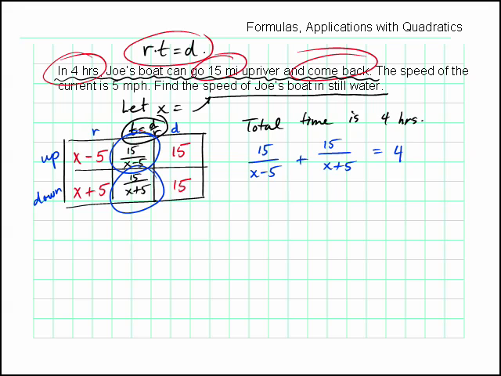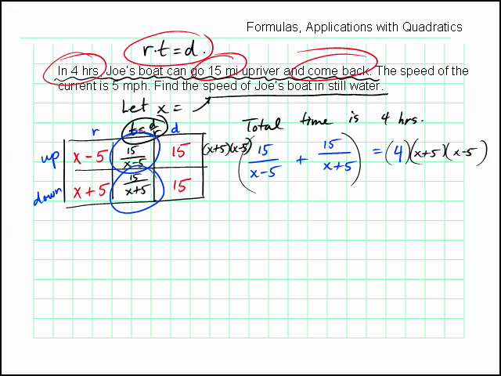That's the equation we need to solve here for x. Now in order to do that, to solve this equation for x, I have to multiply both sides by the common denominator. And in this case, the common denominator will be x plus 5, x minus 5. So I'm going to multiply both sides by that.